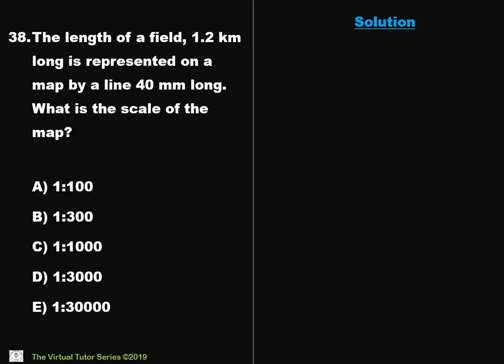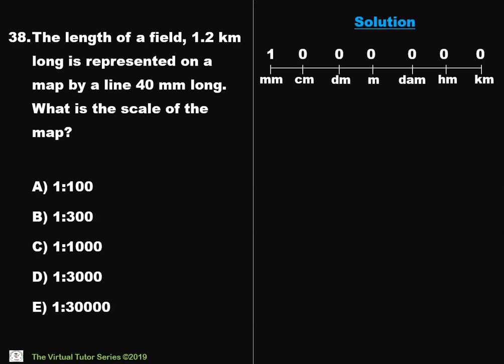Let's do this with the help of our unit conversion scale. On the scale, we have millimeters, centimeters, decimeters, meters, decameters, hectometers, and kilometers. From the scale, we have 1 million millimeters equivalent to 1 kilometer. So if 1 kilometer is equal to 1 million millimeters, then 1.2 kilometers will be more.